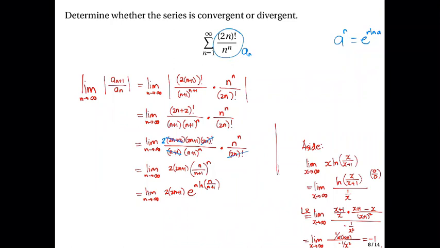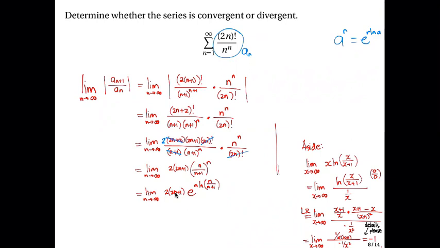So try to complete the details for this part. Details, please. But in a sense, you just have e raised to negative 1. And this guy here is going to plus infinity.